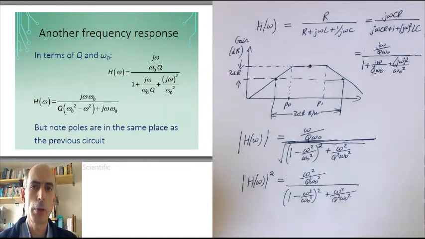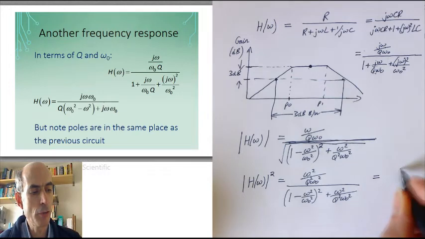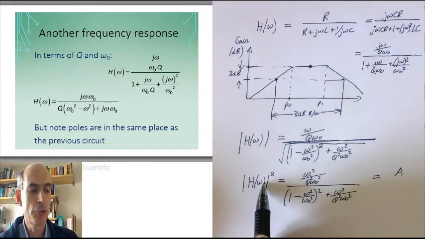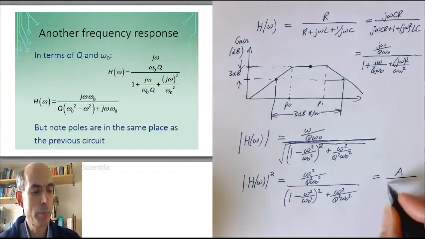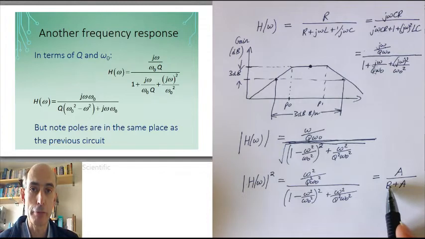Therefore, they must all be positive. So what I've got here is an equation of the form square of the magnitude of the amplitude gain is A over B plus A, where A and B are both positive.